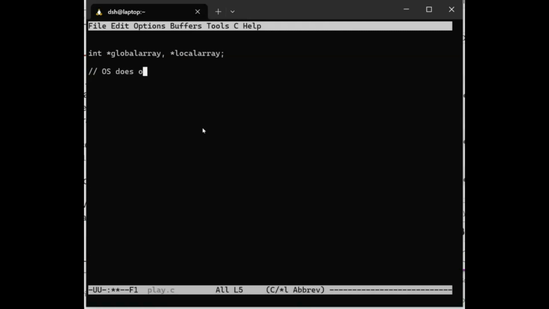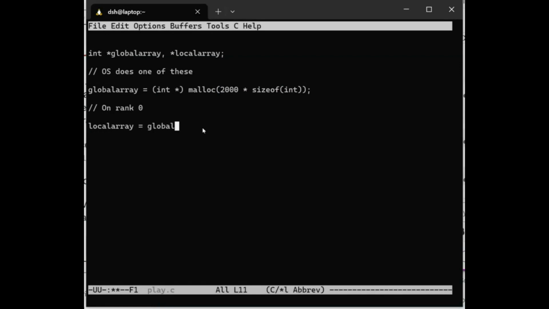And the global array equals int star malloc of 2000 times size of int. Okay. On rank 0, local array equals global array. This is sort of pseudocode.